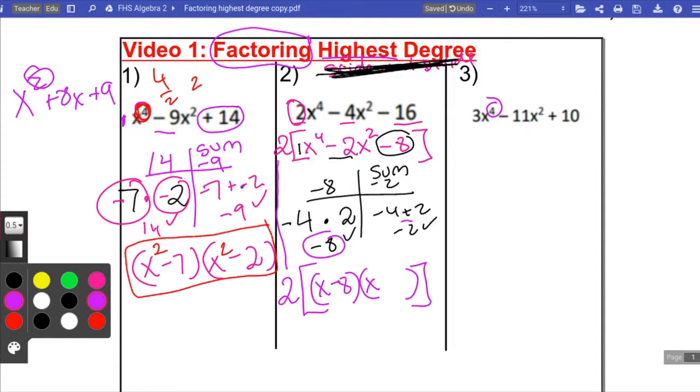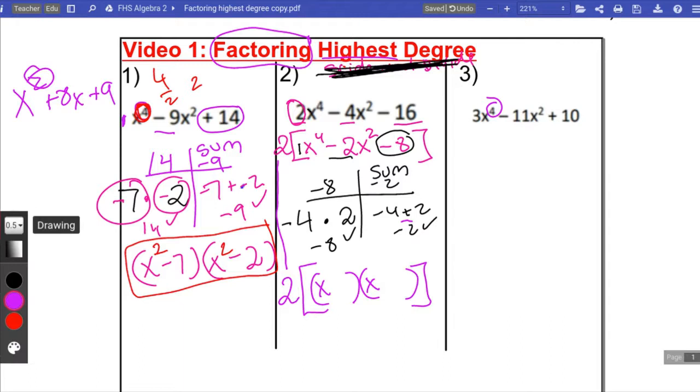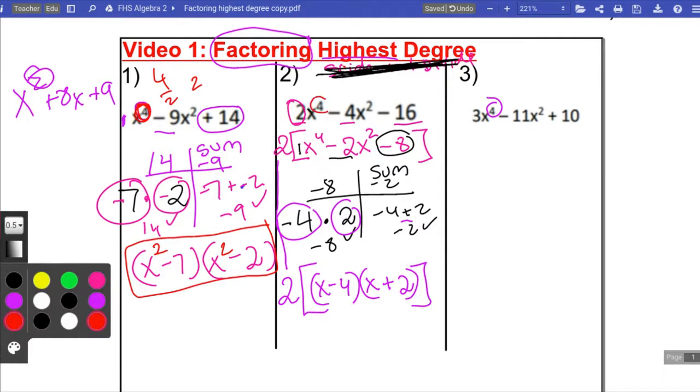I would take the -4 in here, and I would take the 2 in here. And then don't forget, because we have the x raised to the 4th power, divide that evenly, you put the square right here. And we're done. All right, let's move on to number 3.